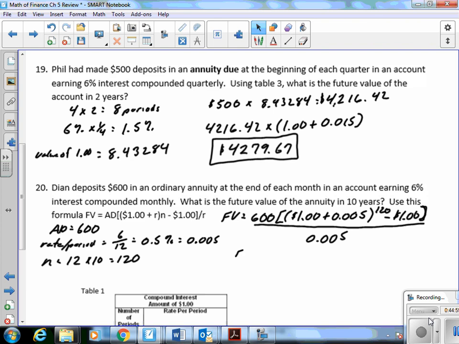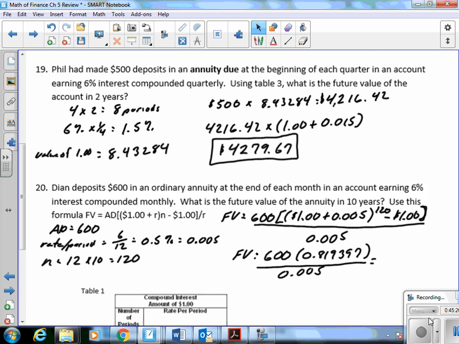So we have 600 times 1.005 to the 120th minus 1, which is 0.819397, over 0.005.